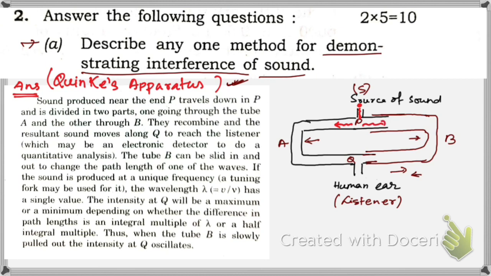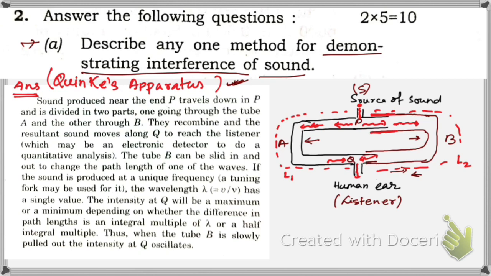Suppose the length of the fixed side is L1 and the adjustable side is L2. When the 2 sound waves travel in these 2 directions and again come to this point Q, they interfere and combine, and the resultant gives the central maximum.